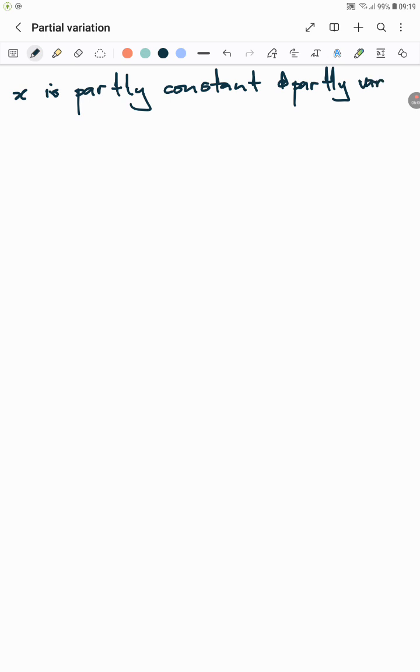Another example says x is partly constant and partly varies with y.